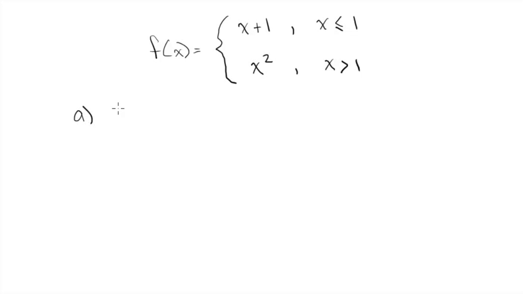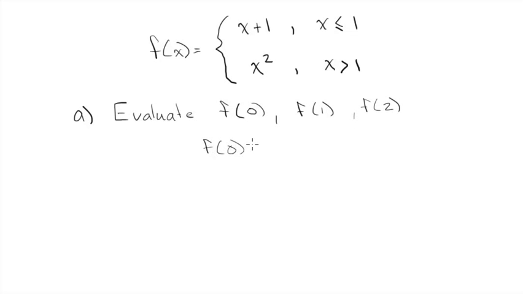Now we can answer some questions about this function. Let's say we want to evaluate f at 0, f at 1, and f at 2. So f at 0. In this case, x is equal to 0.